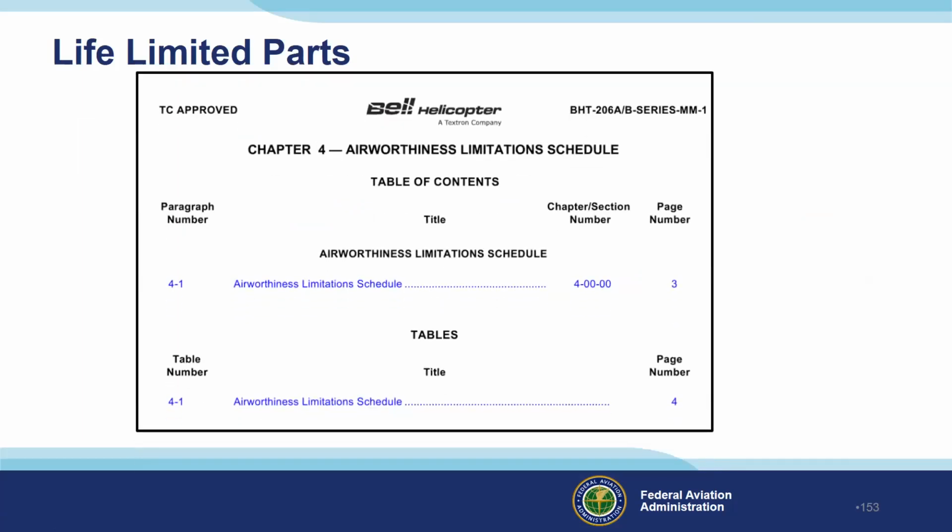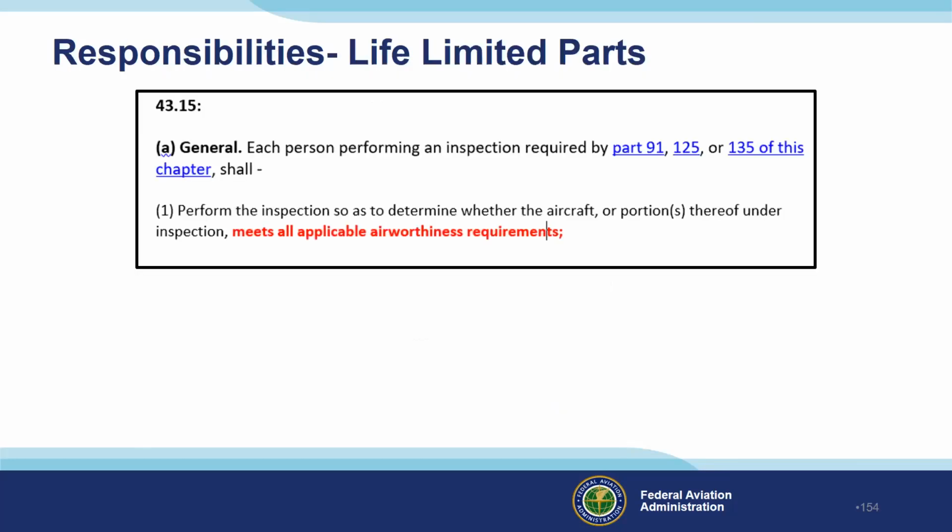Helicopters have lots of life limited parts, as you know. Here's a Bell helicopter, Bell 206 airworthiness limitation schedule. A lot of times this is found in Chapter 4, and has the whole list of items that are life limited.